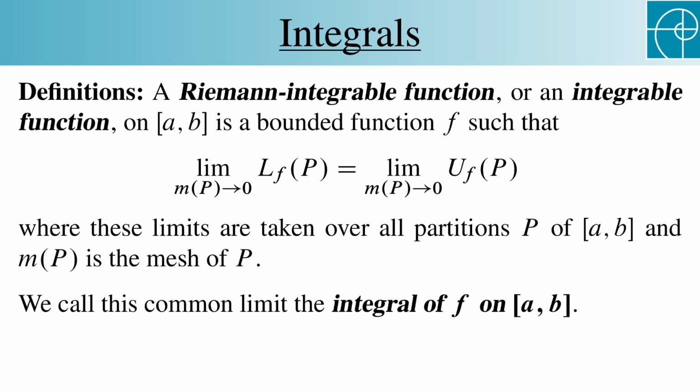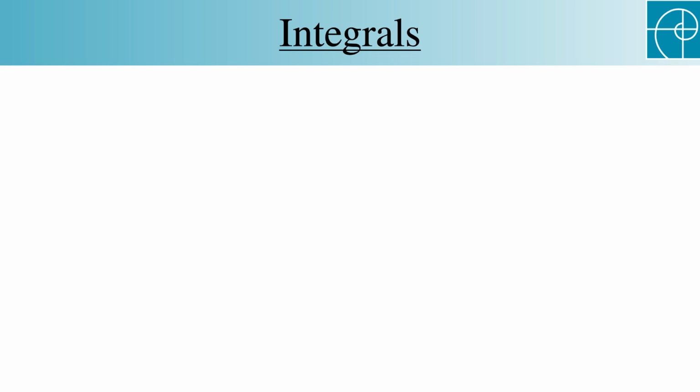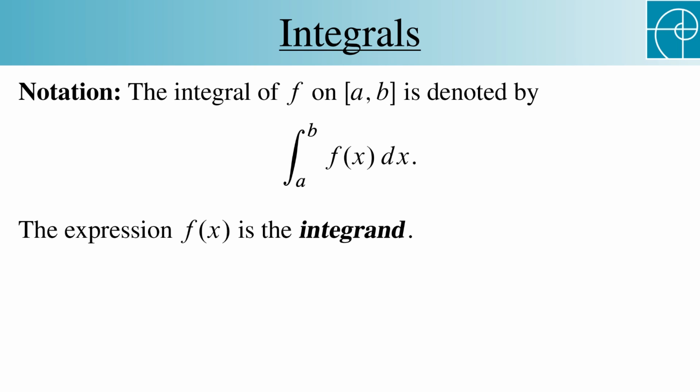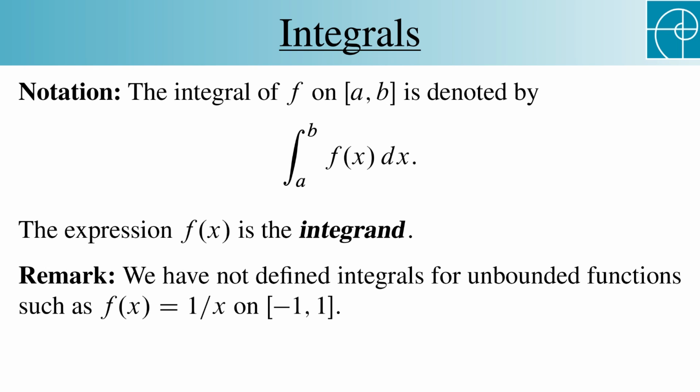We call this common limit the integral of f on [a,b]. We denote this using this notation, which is read the integral from a to b of f of x dx. We call f of x the integrand of the integral. Note that we haven't defined integrals for unbounded functions, such as f of x equals 1 over x, on the interval from -1 to 1.